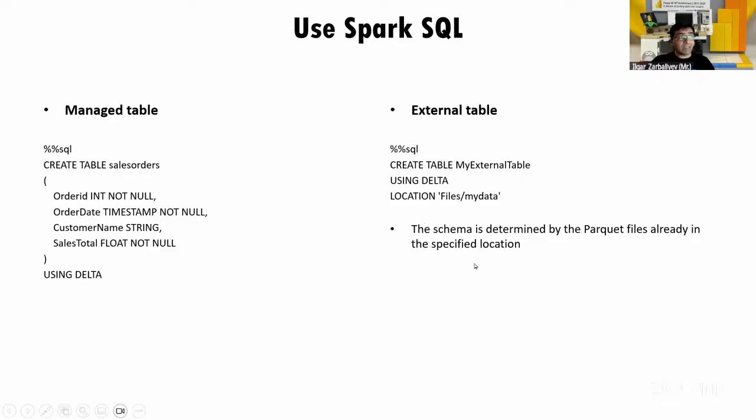On the right, we create an external table instead by adding a location parameter. And notice something important here. We haven't declared any columns at all. When you create an external table this way, the schema of the table is determined by the Parquet files containing the data in the specified location.